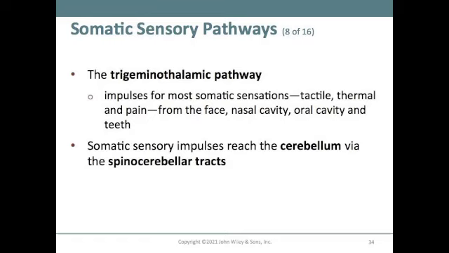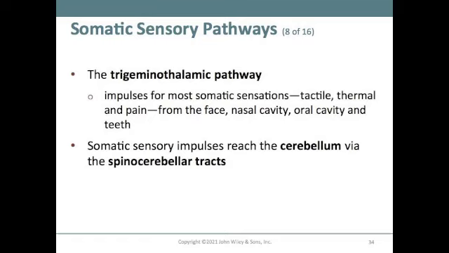The axon terminals of some first-order neurons synapse with the secondary neurons in the pons. The axons of the first-order neurons descend into the medulla to synapse with second-order neurons. The axons of the second-order neurons cross to the opposite side of the pons and medulla and then ascend as a trigeminal thalamic tract into the thalamus.